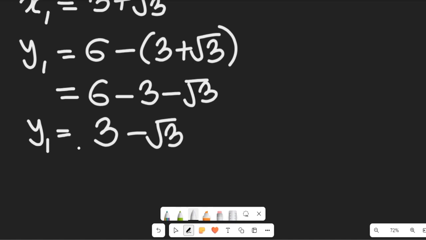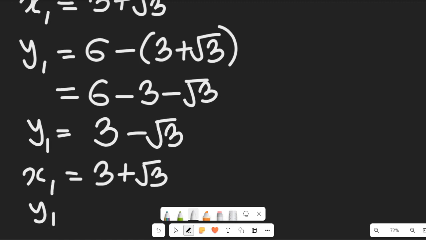So since we have the value of our x1 equal to 3 plus root 3, then the value of our y1 will be equal to 3 minus root 3.